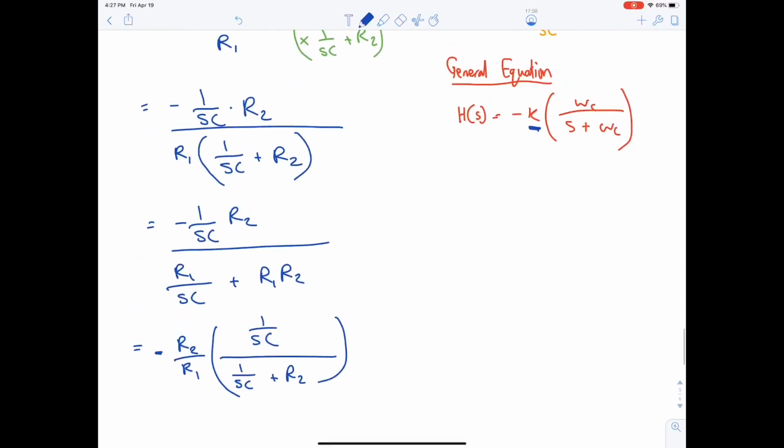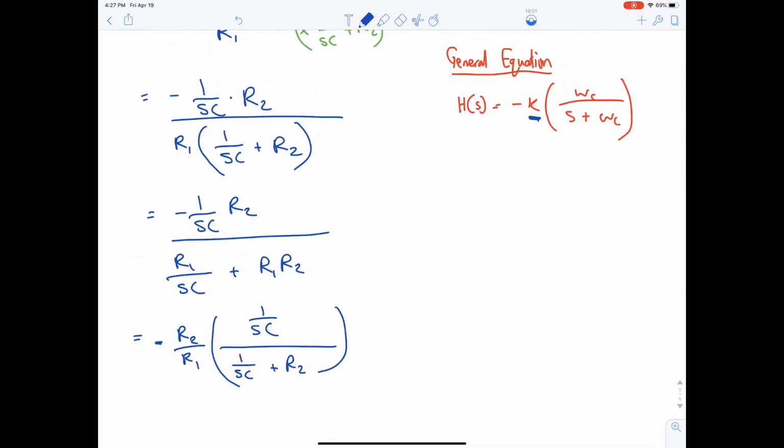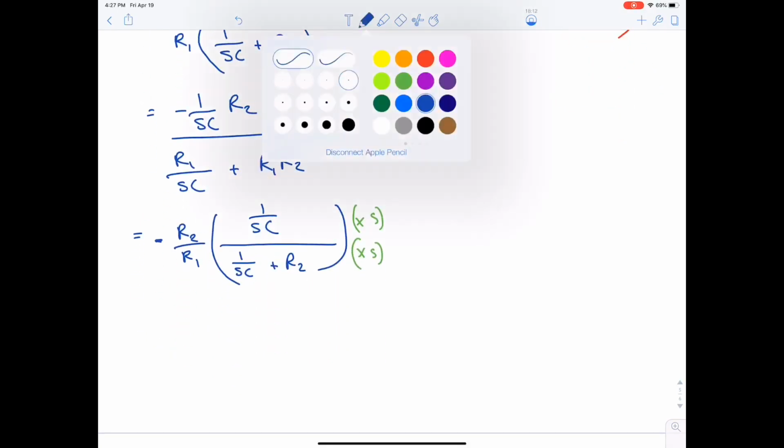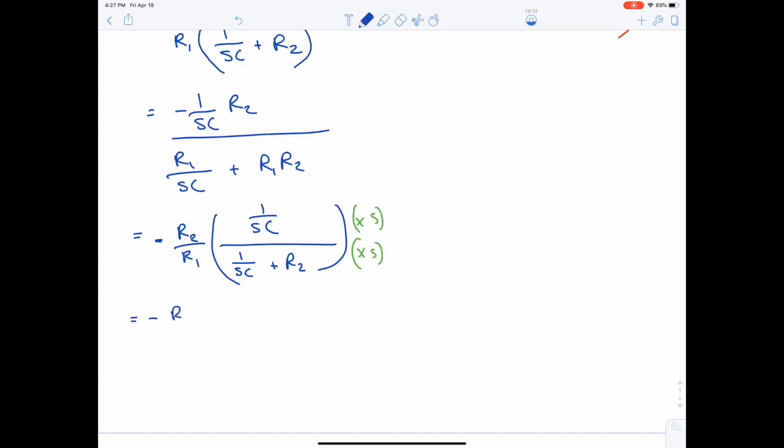Now, let's focus on the S's. Do we have an S in the numerator? No, we don't have an S in the numerator, so we need to eliminate the S by multiplying by S in the numerator and denominator. This is equal to minus R2 over R1 multiplied by 1 over C divided by 1 over C plus R2S.